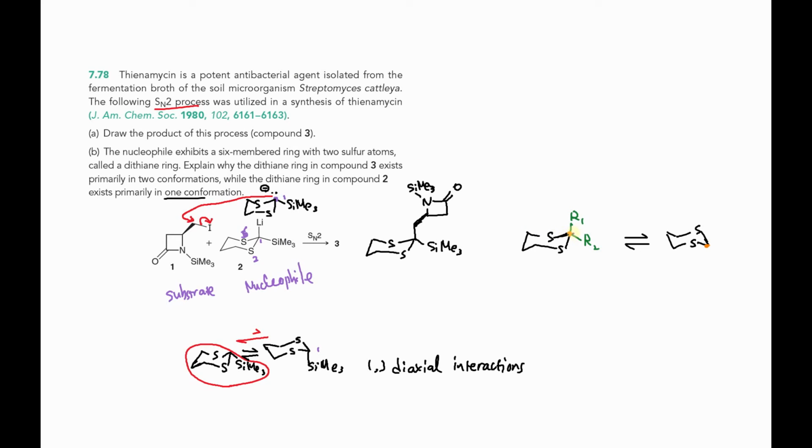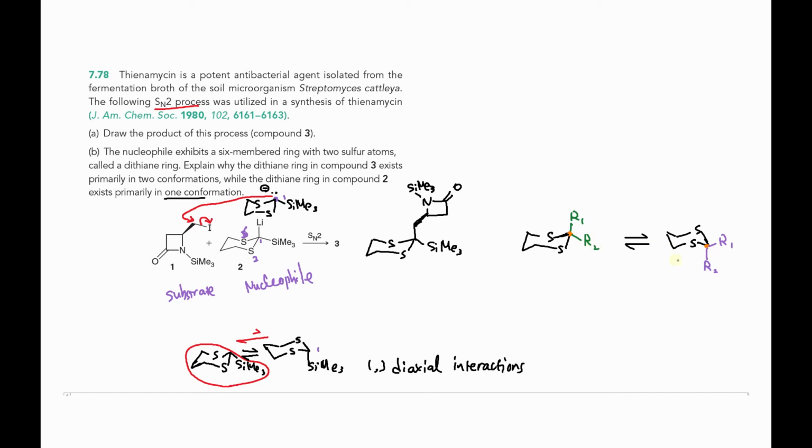So that axial R1 is going to be here, and the R2 is below our ring, but that's going to be the axial now.